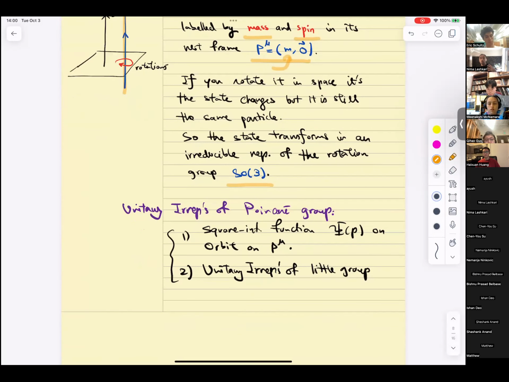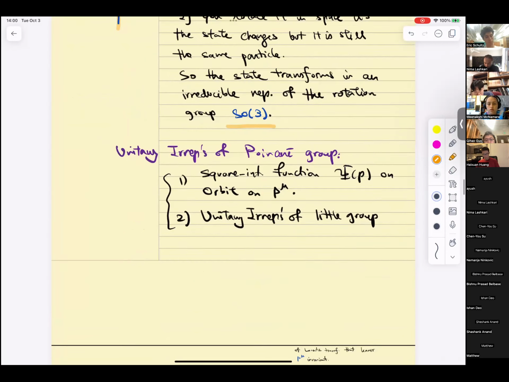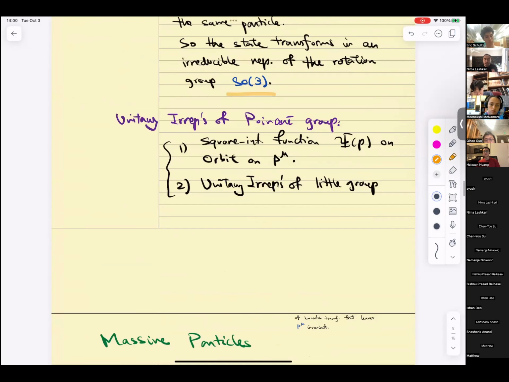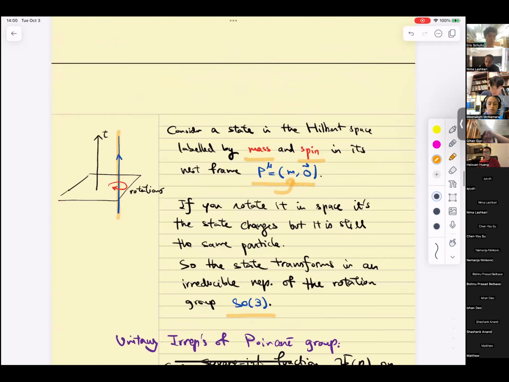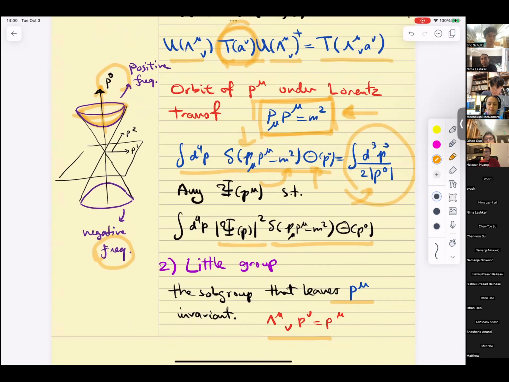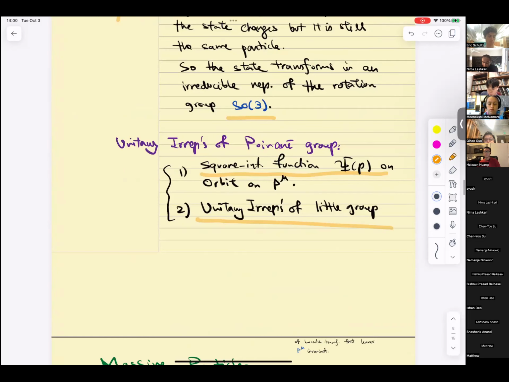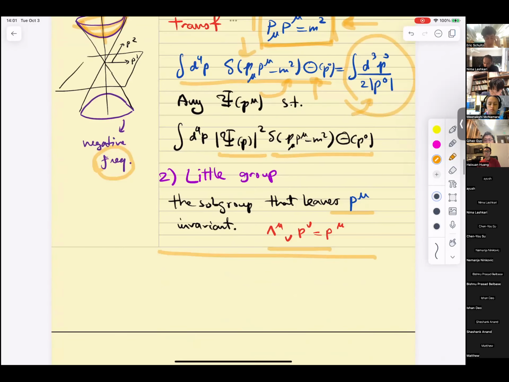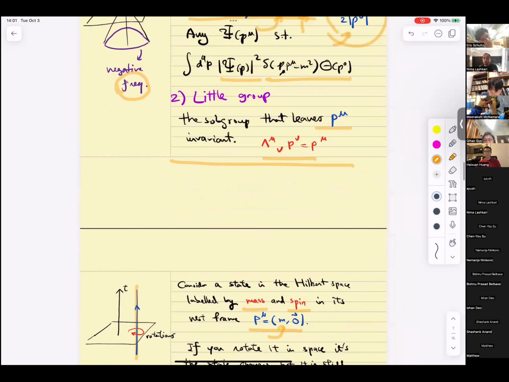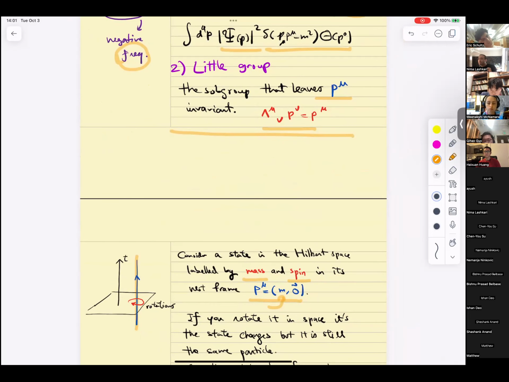If you want to construct the irreps of the Poincare group, I want to remind you, there will be two parts to the story: a unitary irrep of the little group, and a square integrable function on the orbit of p mu. The orbit of p mu is this thing. Now, I gave you an example of the little group when the particle is in its rest frame.